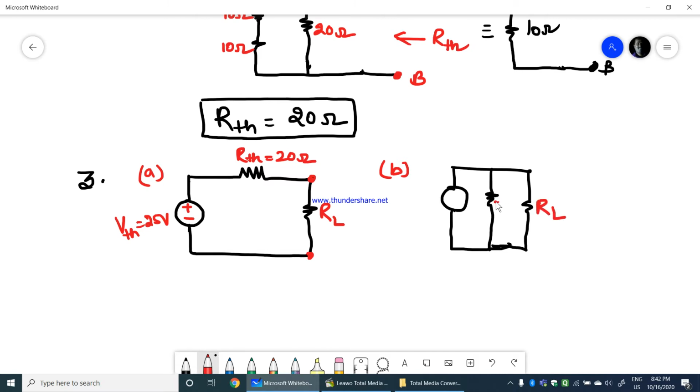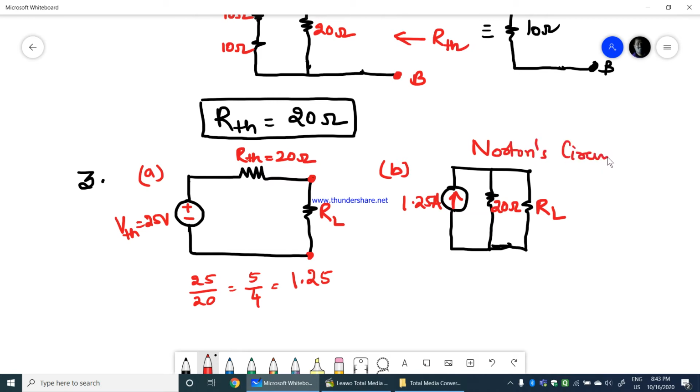Norton's equivalent will again have the same resistance of 20 ohms, but the current would be I equals V by R, 25 by 20, so 5 by 4, which is 1.25 amps. So this is the Norton's equivalent circuit, and this is the Thevenin circuit.